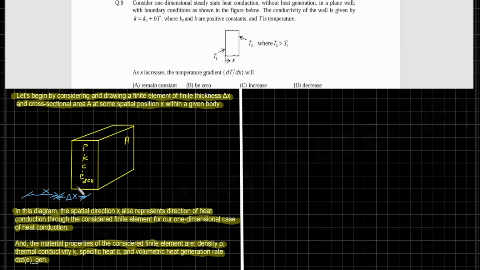In other words, heat only conducts perpendicular to the cross section of the considered finite element, and these are the material properties of the considered finite element.